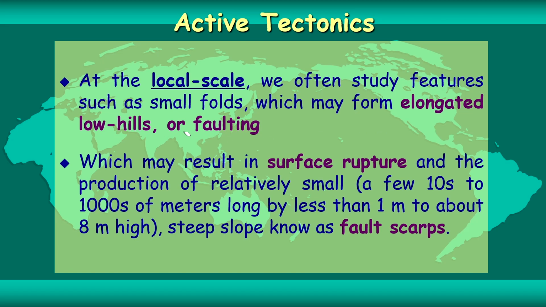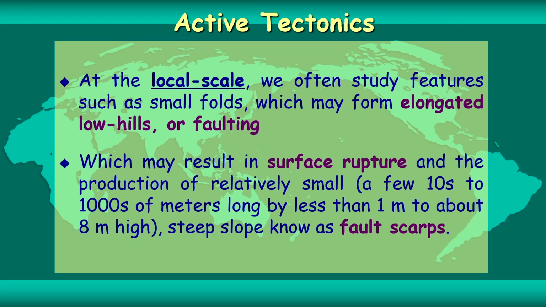Okay. Now coming to the other part, what we are interested in by learning active tectonics is that this folding or faulting may result in surface ruptures. Okay. Now this word rupture is very commonly used. So rupture is the fracturing of the material or the crust.